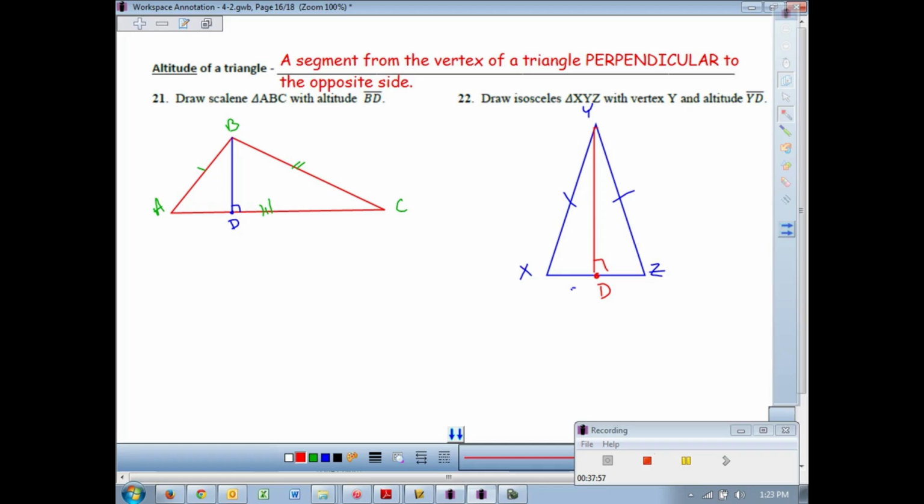Watch me draw the median from Y. There, I drew it. The median I just drew went from Y to the midpoint of the opposite side. What do you see if this is an isosceles triangle? I drew an altitude, then I drew the median. What do you see?